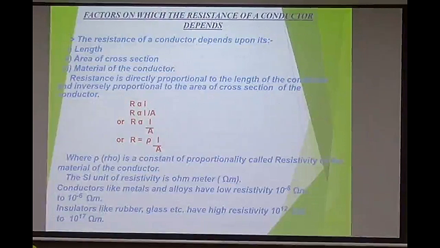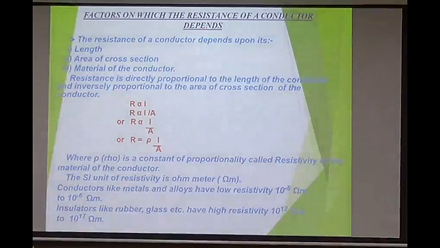It is said that the resistance of a conductor depends on length, area of cross section, and material of the conductor, and it is directly proportional to length. It means if you increase the length of the conductor, the resistance will increase. And it is inversely proportional to the area of cross section.